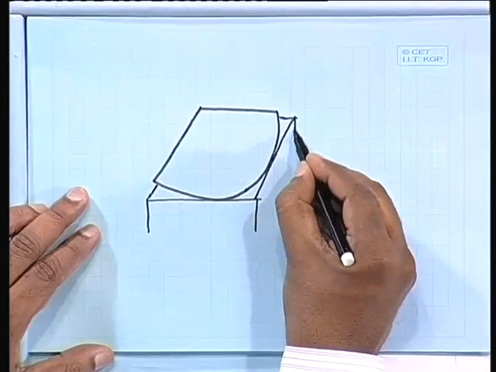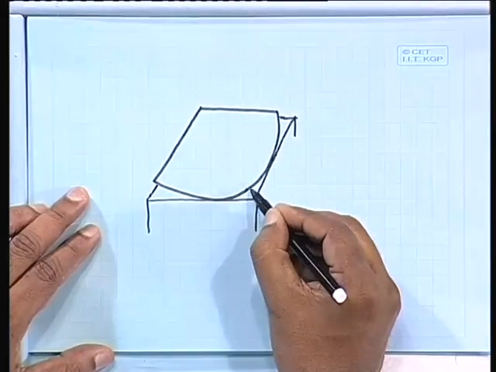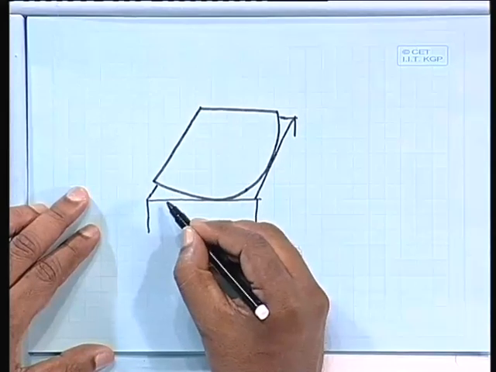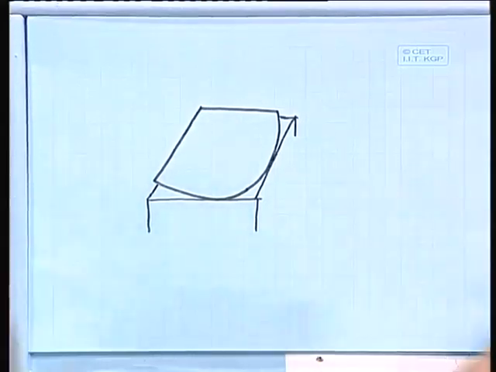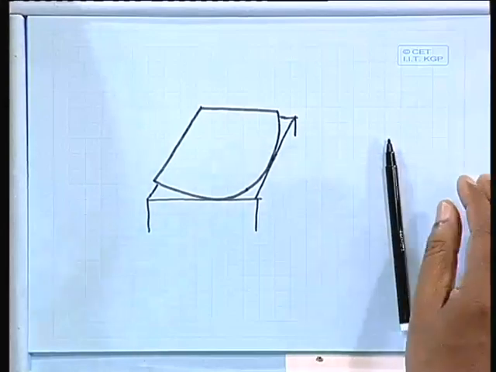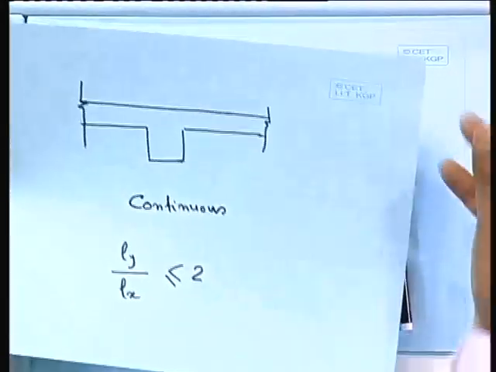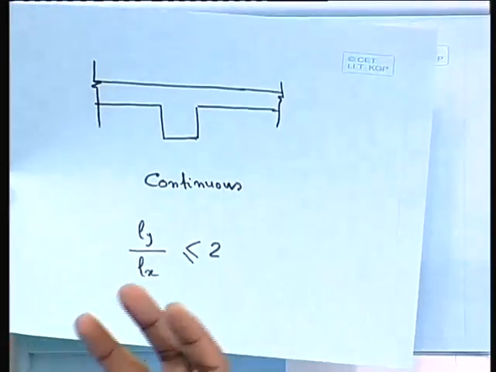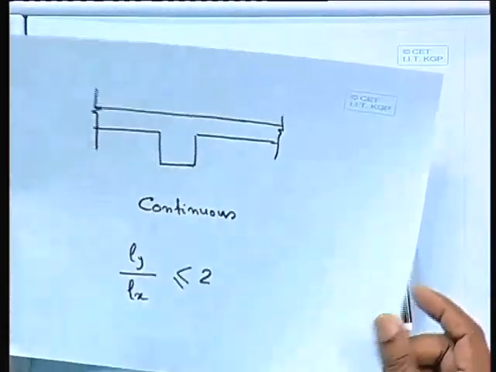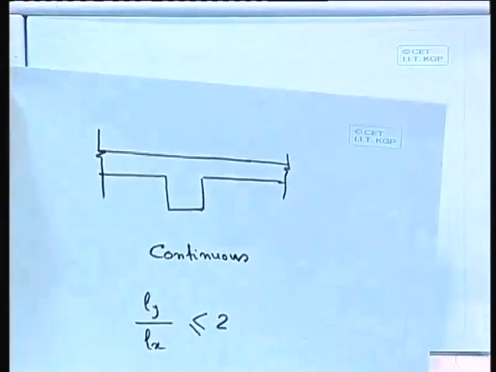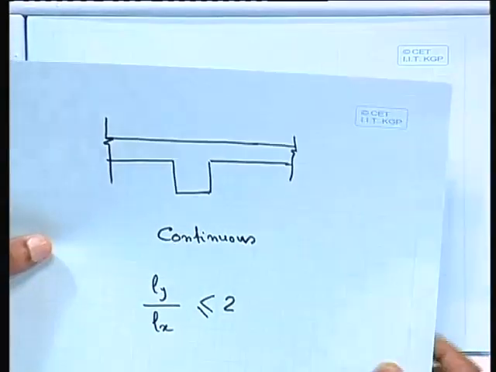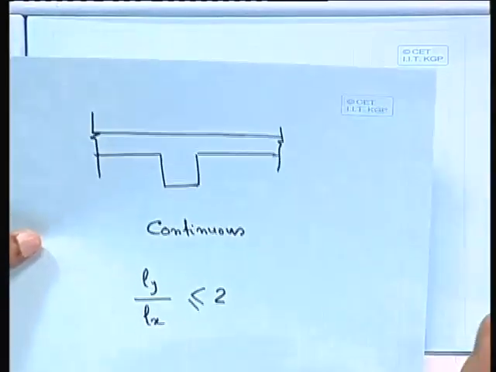Initially it was like this is your one corner, and due to say simply supported case it will happen, say if you just put a plate like this, due to bending you will find that the corners will go up. So, if we have to keep it in proper position, we have to provide reinforcement at the top as well as at the bottom. That also you have to provide.